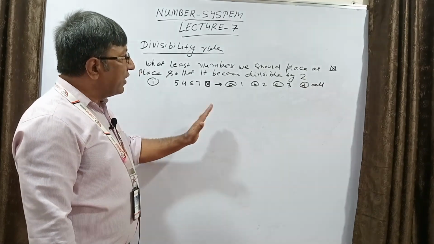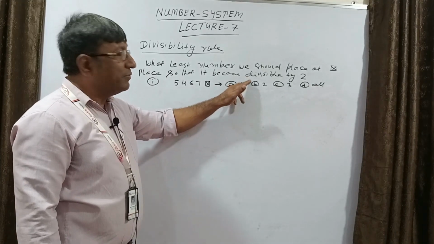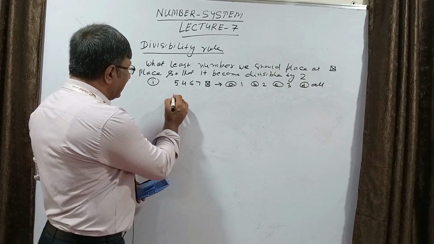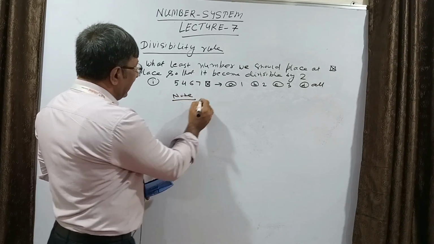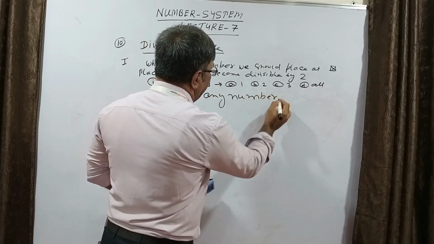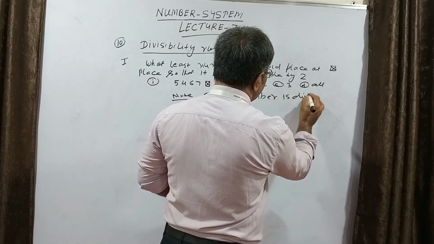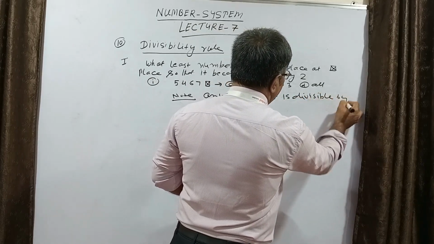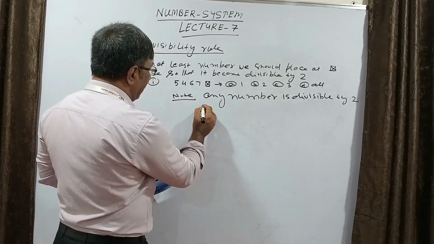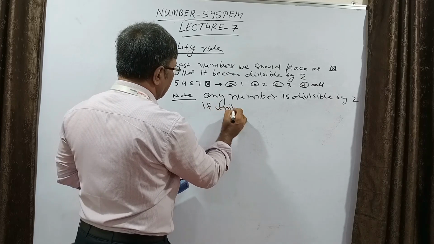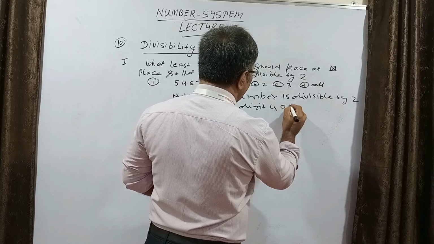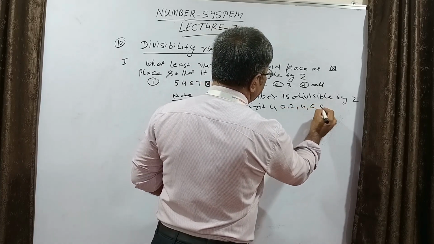So the technique is that any number is divisible by 2 if the unit digit is 0, 2, 4, 6, 8.